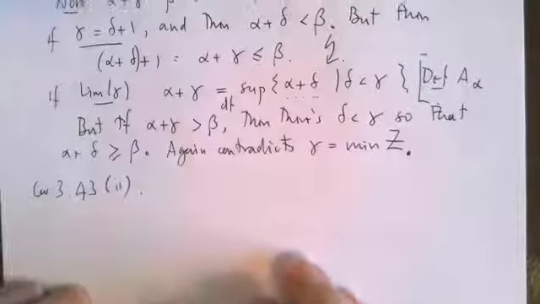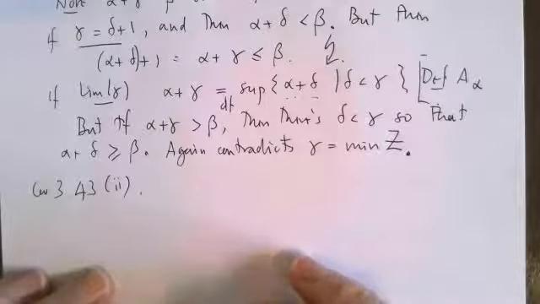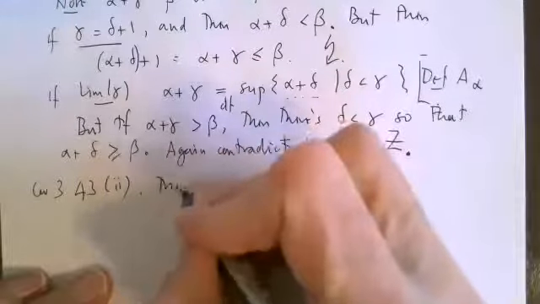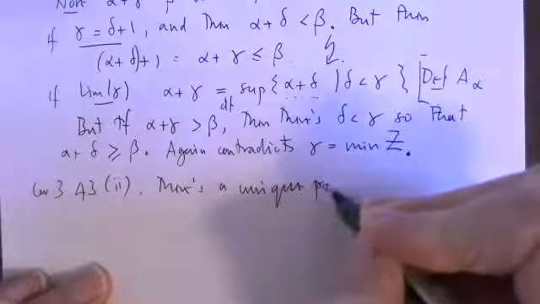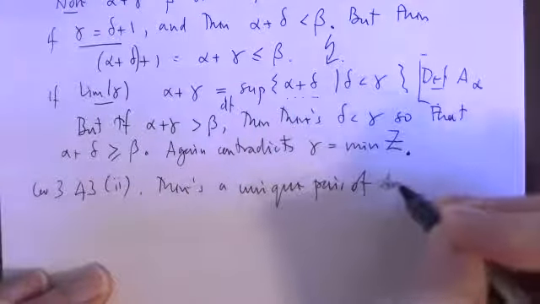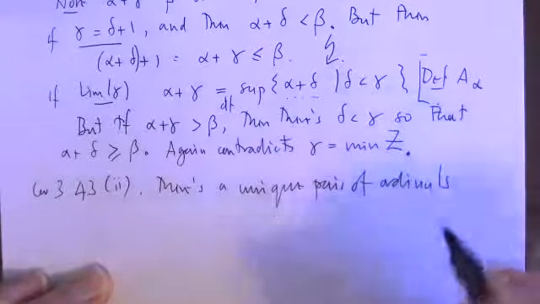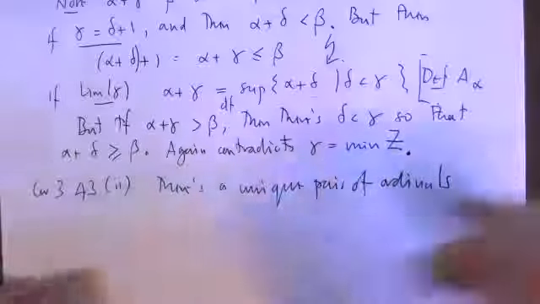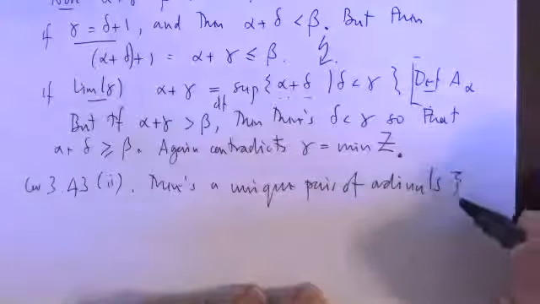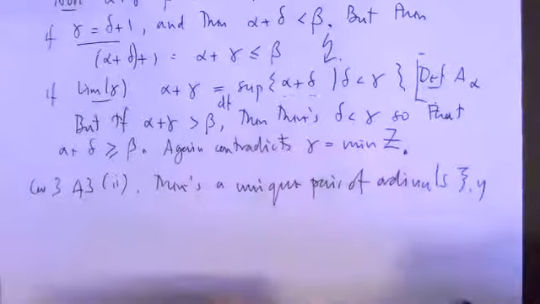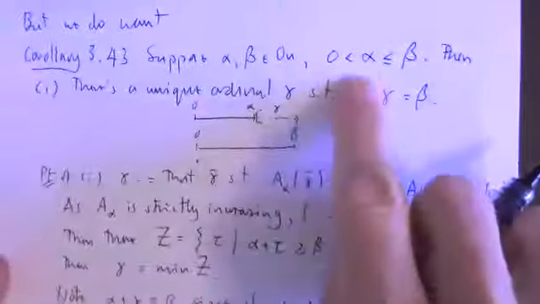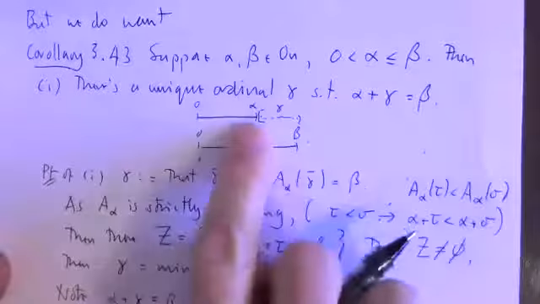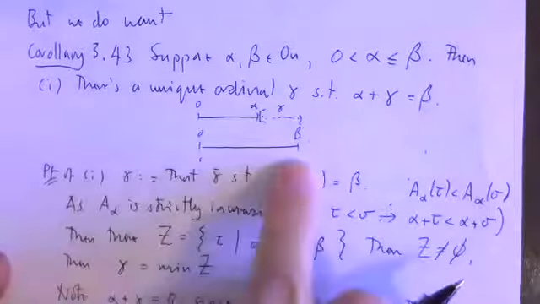What does part two say? There's a unique pair of ordinals, and I call them psi and eta. So it's the same picture as above. Alpha is less than or equal to beta, bigger than 0.